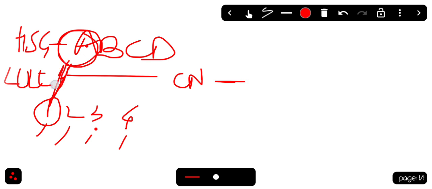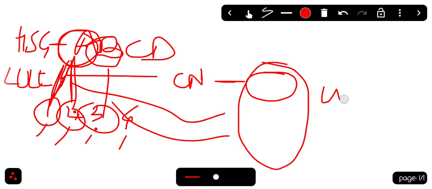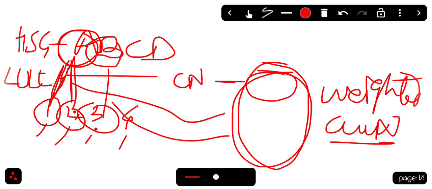For this land use class and this HSG, there will be a curve number, and you can calculate a weighted curve number for the whole area. This is the way you can calculate the curve number for that area.